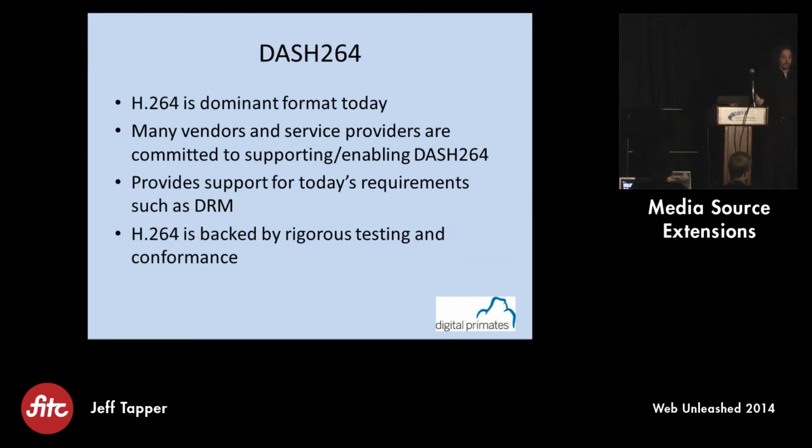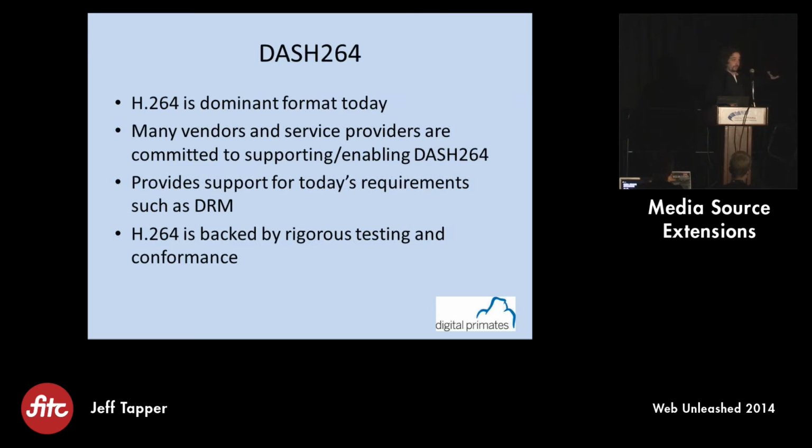So the Dash Industry Forum got together and created a narrowed down version of the specification to say, if we can get together as a group, and these 80 companies, and they're encoding companies, and they're CDNs, and they're player companies, and DRM companies, if we can agree that we'll build our Dash content this way, we can all know it's going to interoperate with each other, which is really nice.